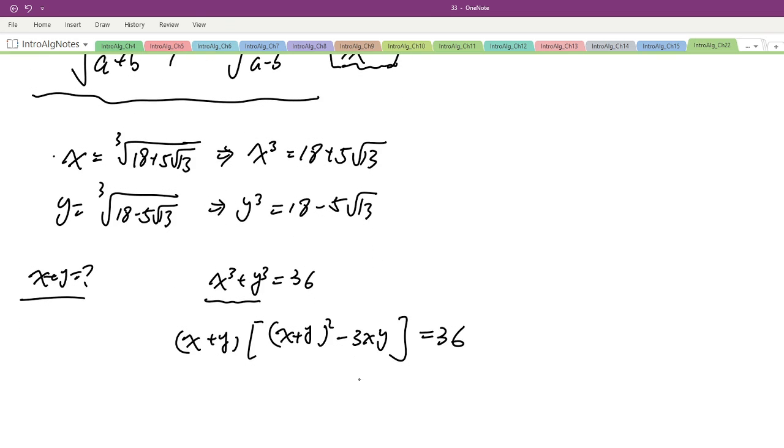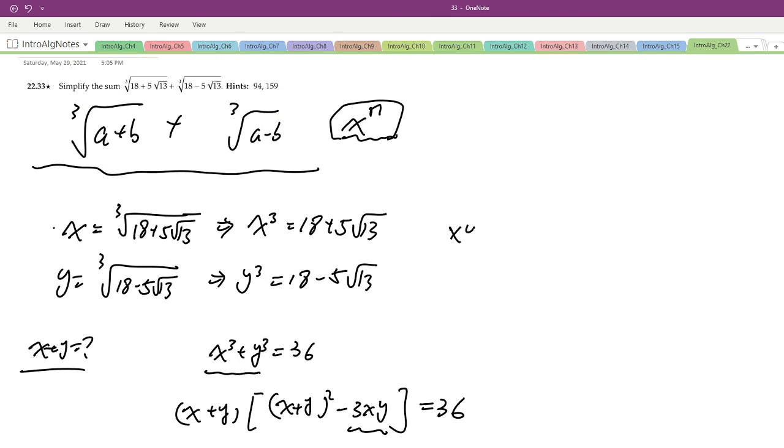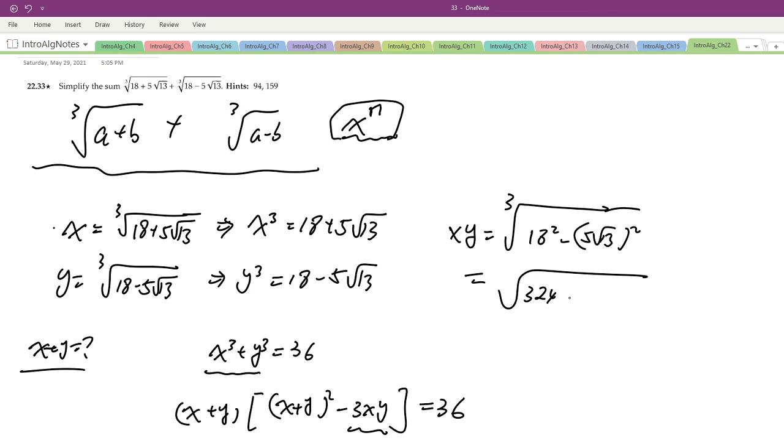So as long as we solve xy, we solve everything, right? Because xy is simple: here you can see it's 18 squared minus 5 root 13 squared, which is 324 minus 325, which is negative 1. That's the beauty of this kind of construction, okay? It's the difference of squares.